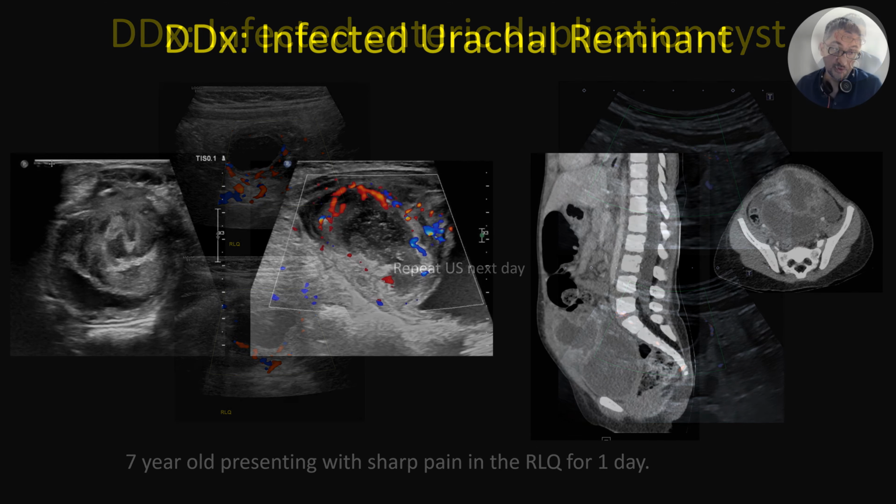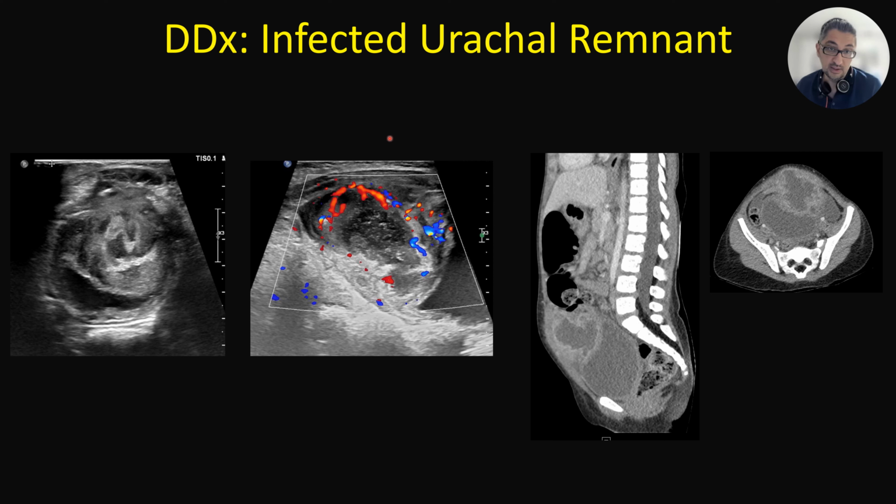Another differential could be infected urachal remnant. Infected urachal remnants may present with a complex inflammatory mass or an abscess that may mimic a plastron appendicitis. There is this hyperemia, this complex fluid collection, and we did the CT.